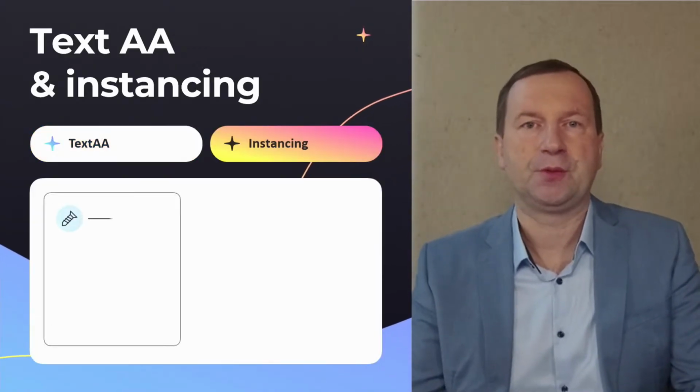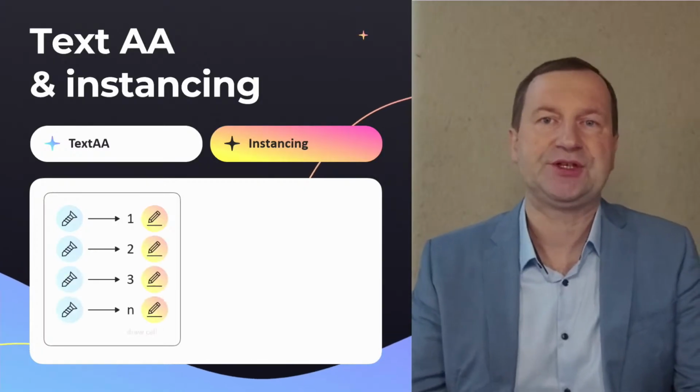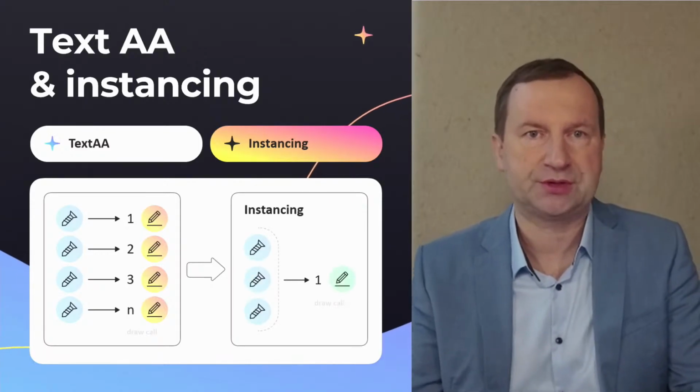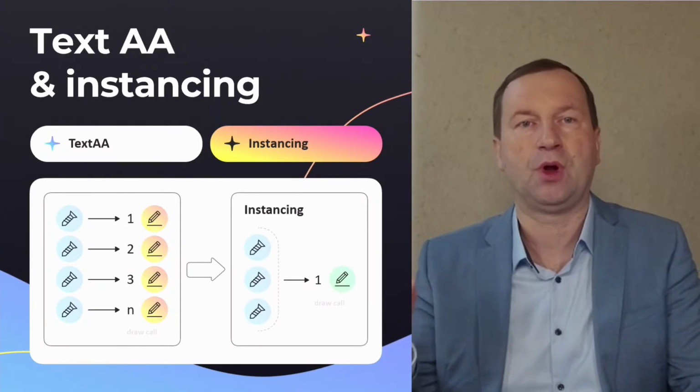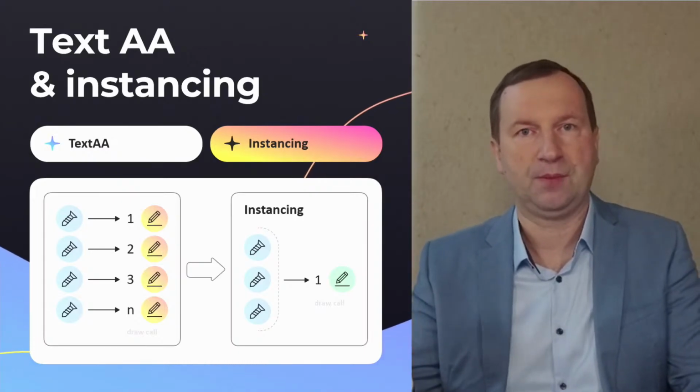The next feature we'd like to highlight today is instancing. Instancing is a technique that allows us to draw multiple identical objects, different only in their transformations, with a single render call.